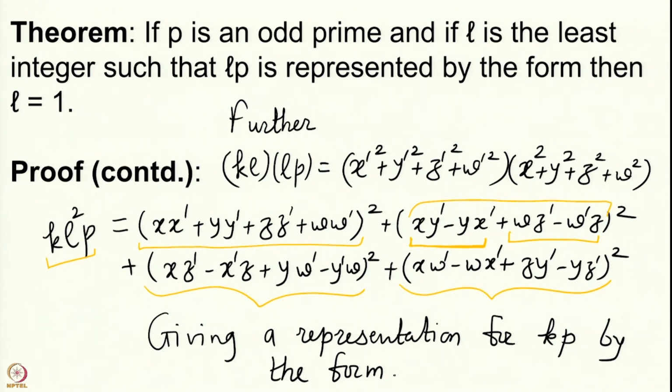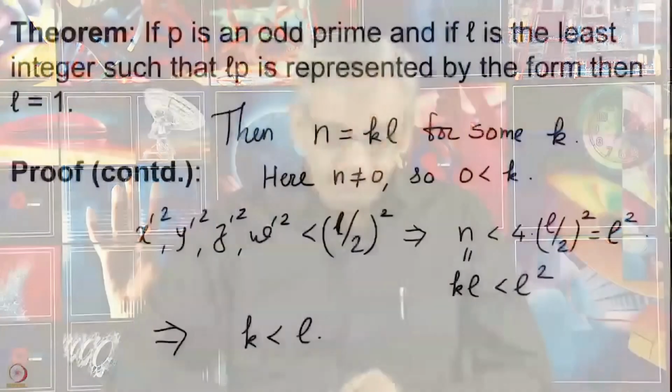That means if you divide by L square, you get an integer square. Each of the terms in the bracket is divisible by L. So you have that each of the terms divisible by L is an integer, and therefore, you are going to get sums of 4 integers to be equal to k into p, but k is less than L. This is something that we have already observed.